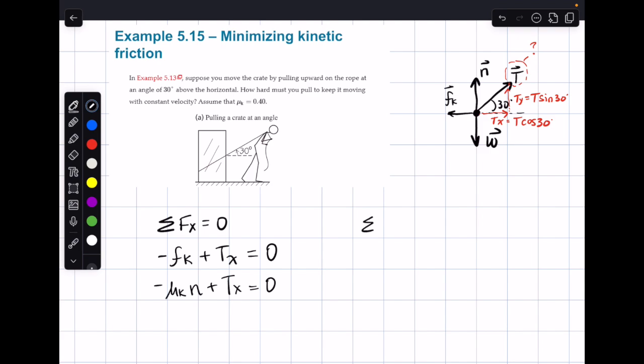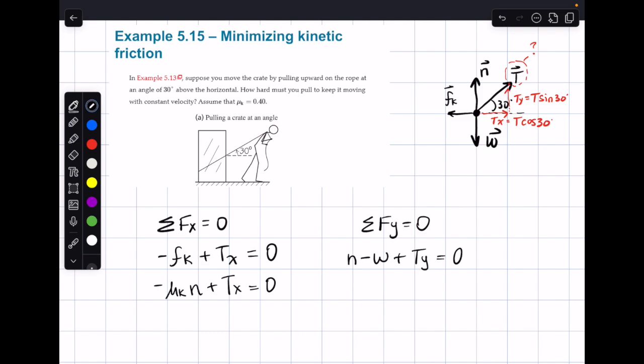Let's add up the forces in the y. All right, we got quite a few. We're going to have the normal force positive. We're going to have the weight force negative. And we're going to have also the y component of the tension. And now you're going to see what I mentioned before is that the normal force is not always equal to the weight. If you're applying any kind of force on that object in the y direction, you're going to reduce the normal force, right?